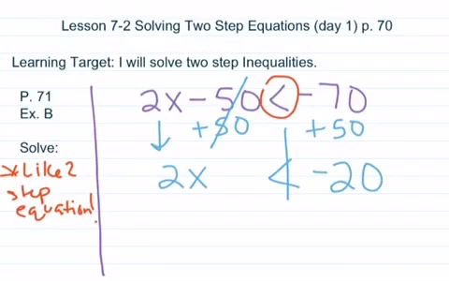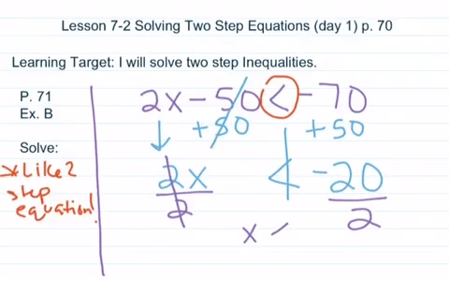Now we have 2 times x. We need to split these x's into 2 groups, so we divide by 2. If we divide by 2 on the left, we divide by 2 on the right. We end up with x is less than negative 20 split into 2 groups.